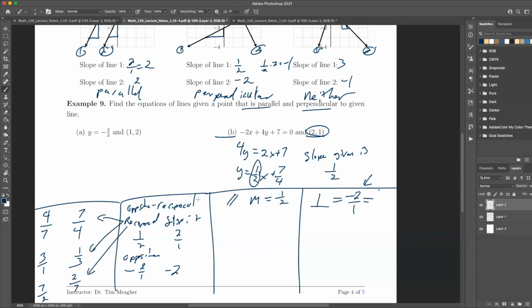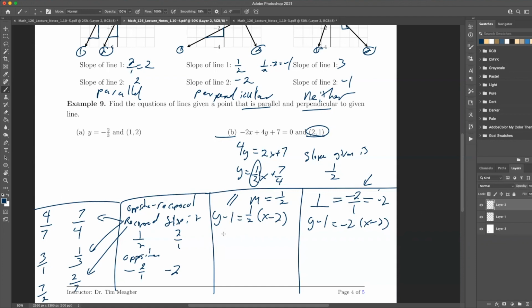Now that we know reciprocals, we have our point that we want to go through. So it'll be y-1, and our slope in this case is 1/2, times x minus 2. Here, it'll be y-1, and our slope here is -2, times x minus 2.